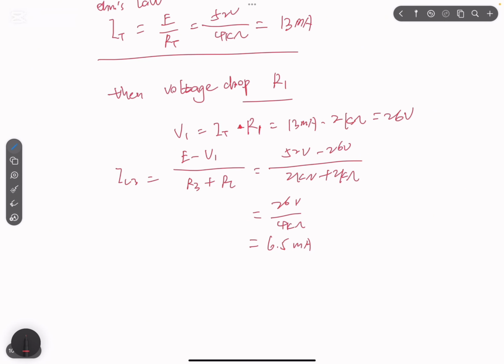Then after that, we can find the voltage for R3 by using Ohm's law. So that would be IL3 times R3. That would be 6.5 milliamps times R3, which is 2 kilo ohms. That would be 13 volts.